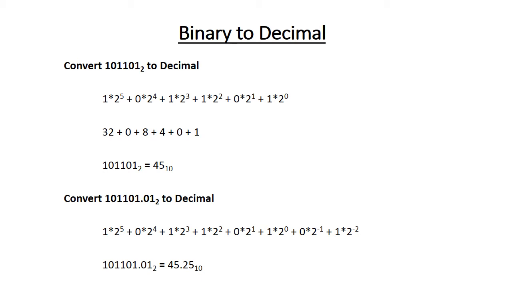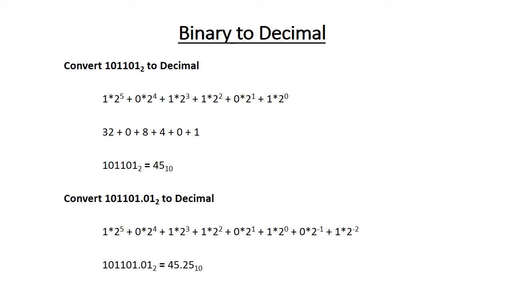So 1 into 2 raised to 5 plus 0 into 2 raised to 4 plus 1 into 2 raised to 3 plus 1 into 2 squared plus 0 into 2 raised to 1 plus 1 into 2 raised to 0. And the answer gives 45, 45 to the base 10. And now a fractional number.